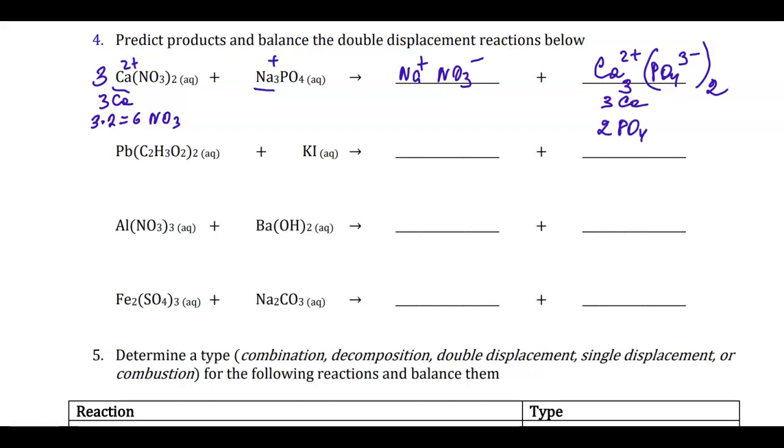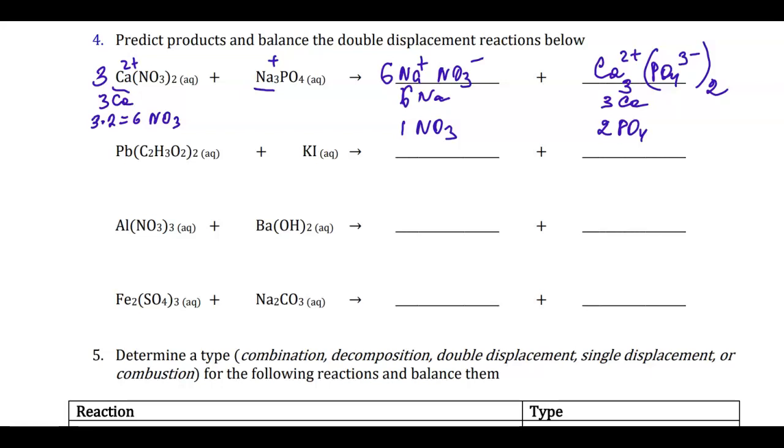So calcium is good. The next one, nitrate particles. So 6 NO3, but now here we have 1 sodium and 1 NO3, but we need 6 of them. It will be 6 here, right?